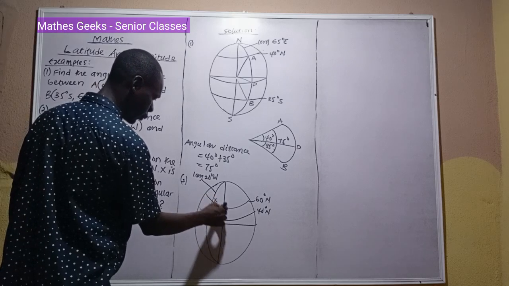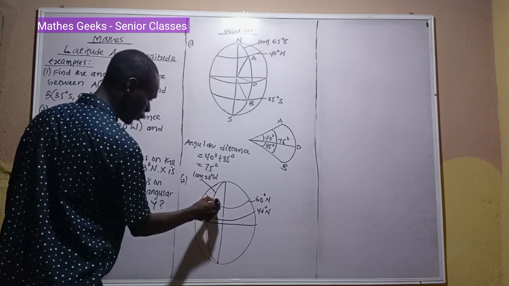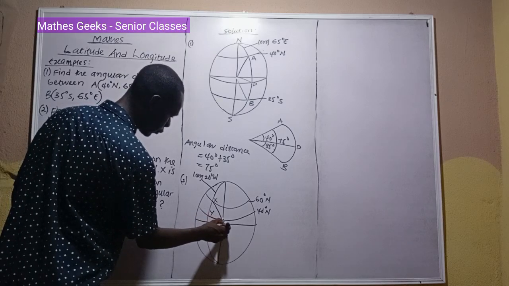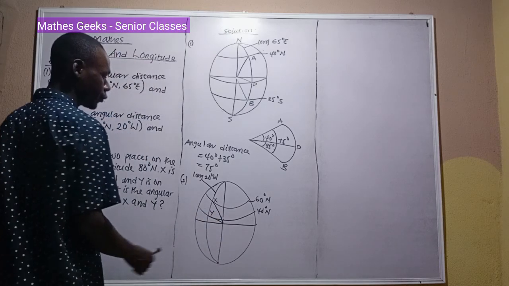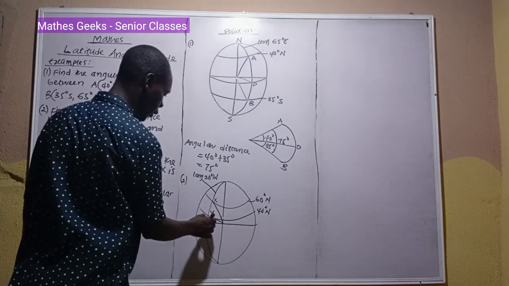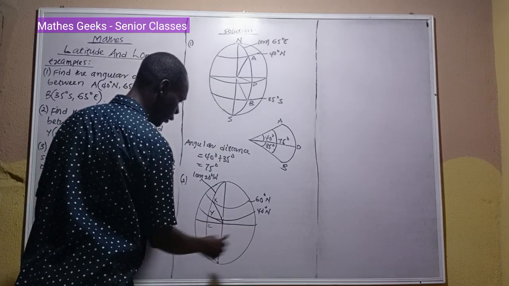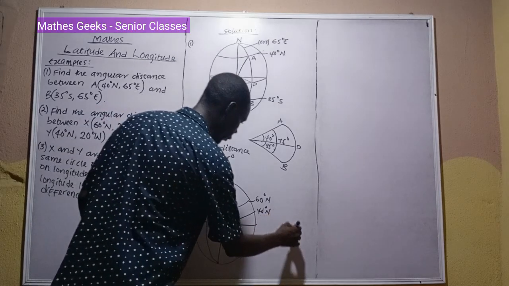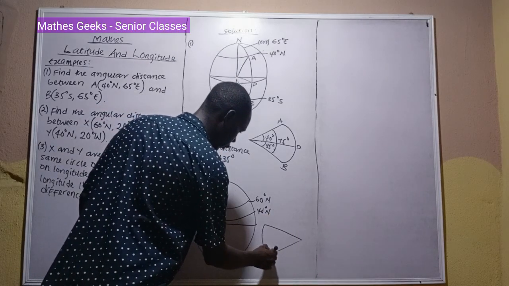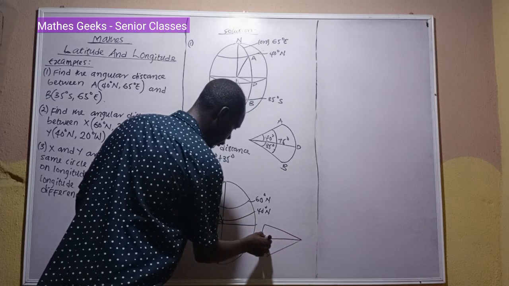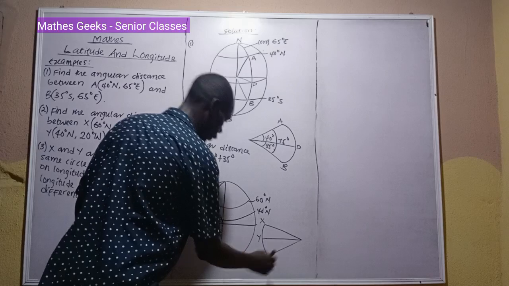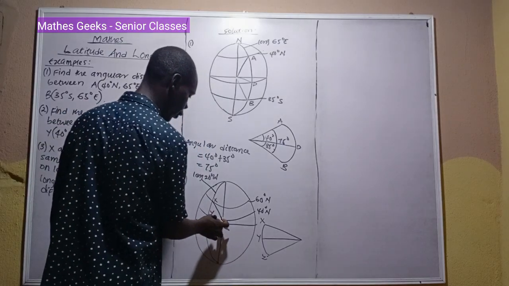So bring down, sorry, the equator. Let's call this point C. So this is X, Y, and this is the equator, measured from the equator.